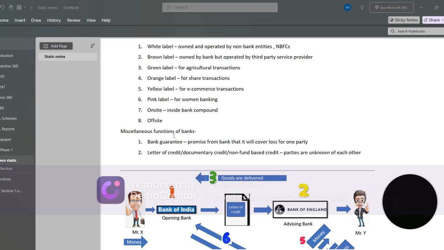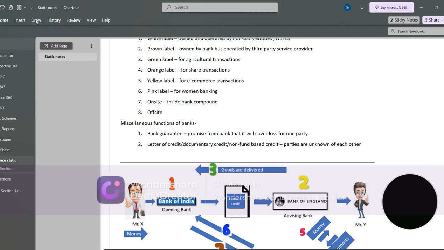For example, consider there is a person X and there is a person Y. Now person X owes rupees 100 to person Y, and person X goes to the bank and asks the bank to give a bank guarantee to person Y that he will pay the money back, and he will pay the money back to the bank after that.